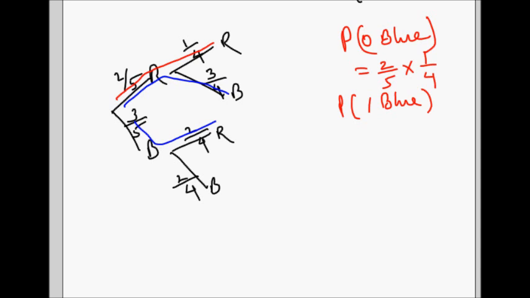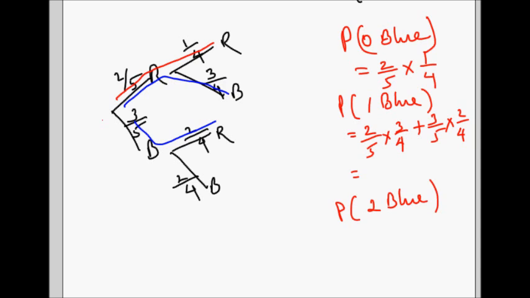Which would be equal to 2 over 5 times 3 over 4 plus 3 over 5 times 2 over 4. And you can simplify this and bring it to any answer you want. What is the probability of both of them being blue? It's obvious: it would be 3 over 5 times 2 over 4.